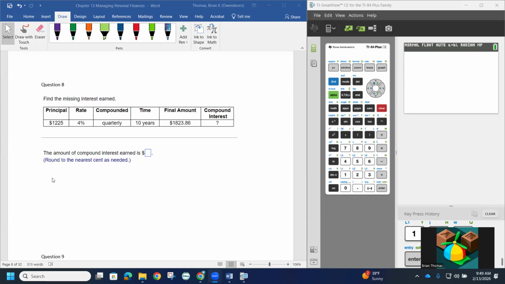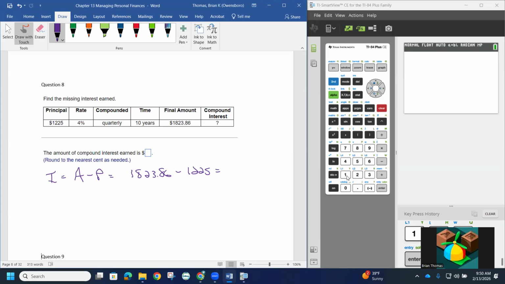So to me, our compounded interest, so I'm going to just use I for interest here, should just be the final amount minus the principal. So if I have $1,823.86, if I subtract the 1225, that should represent what we paid extra in interest.